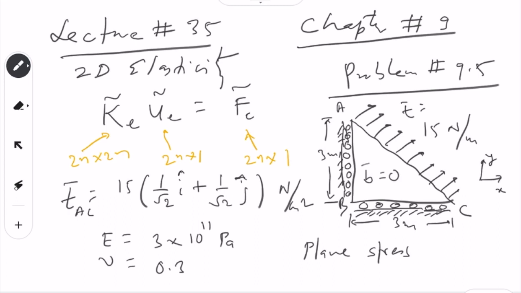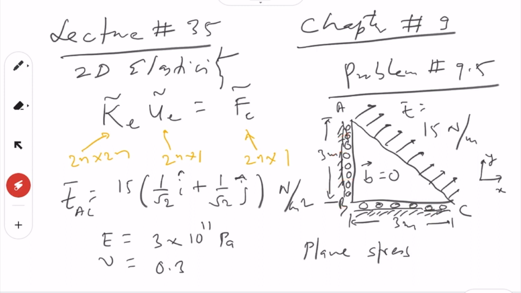With no body force, all the stresses, I mean the strain, is caused because of this traction only. And there will be reaction traction here as well. So we are going to solve it.